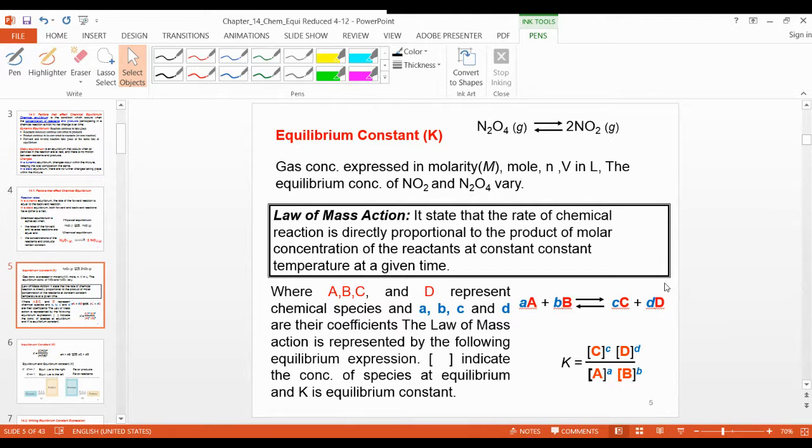There is a law of mass action we have to follow when we write the equilibrium constant expression. What is the law of mass action? It states that the rate of a chemical reaction is directly proportional to the product of molar concentration of reactant at constant temperature.